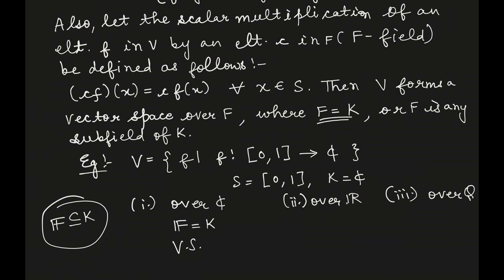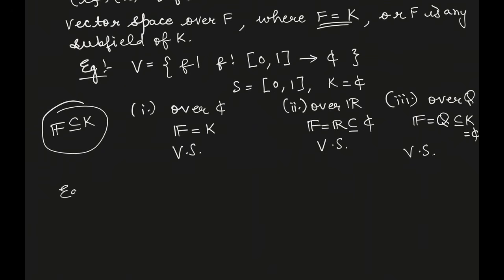Now here field R is contained in K, again a vector space, because the same trick can be applied. And here field rational is contained in K. K is complex number, so it is again a vector space. Is it clear? Yes, ma'am. Okay.